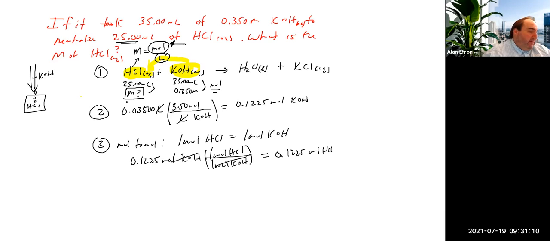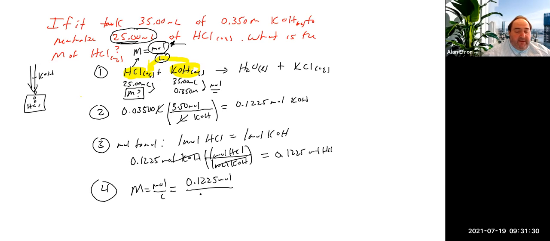So now we have both of the pieces of information that we need. We're not going to use molar mass here, but we are going to use the molarity as moles per liter. The moles that we just calculated, 0.1225, divided by the volume, which again we need to convert to liters by dividing by 1,000 or moving the decimal point over, gives us that guy right there.